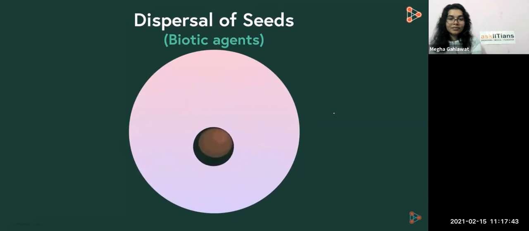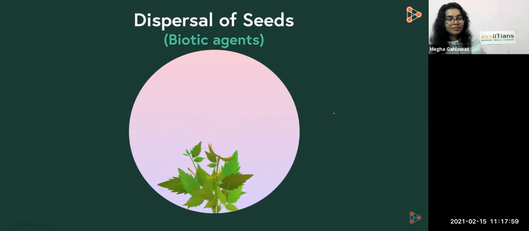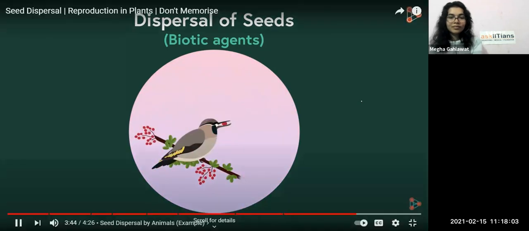However, the hard seed cover softens a bit due to the chemical activity of the acids present in the bird's stomach. So, as the seed passes through the bird's gut, it gets soft, and when it drops on the ground and gets rooted, it becomes easy for the seed to germinate. This is how animals can help in far and wide dispersal of seeds.